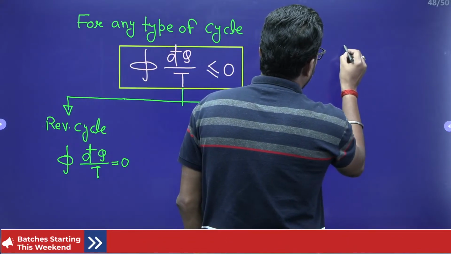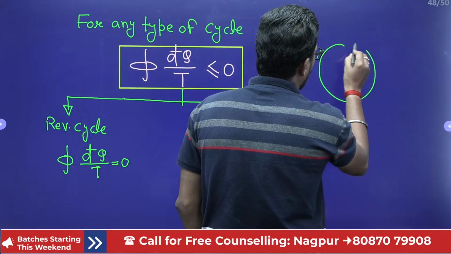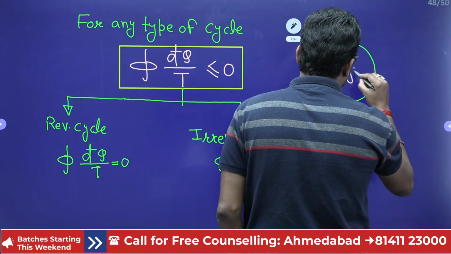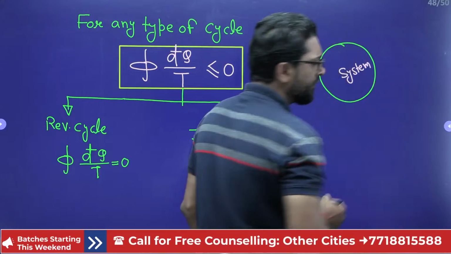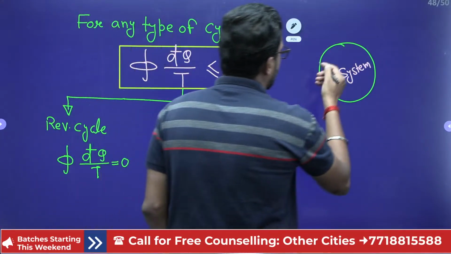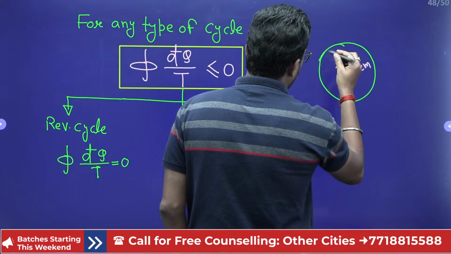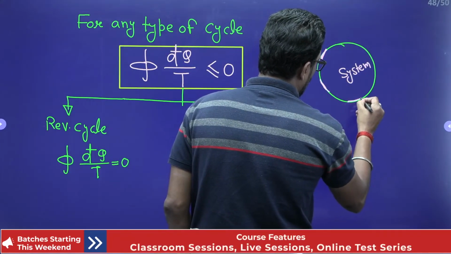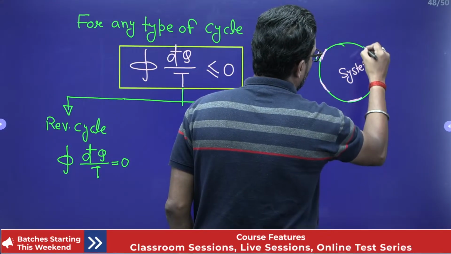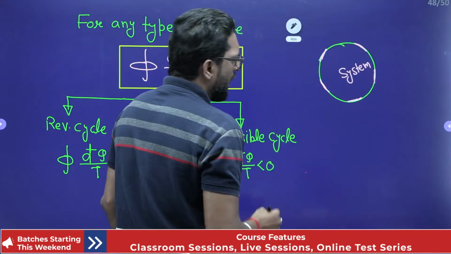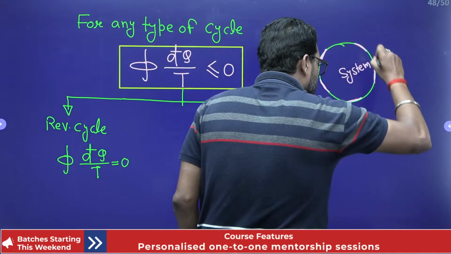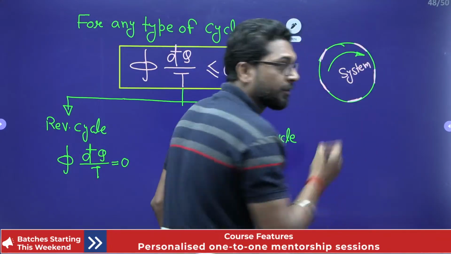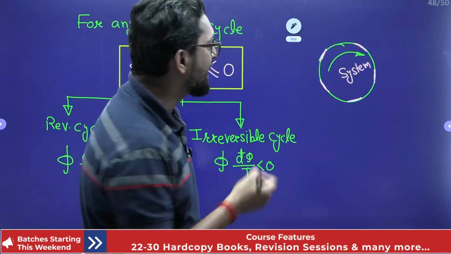See, let's suppose this is your system, and this is your boundary. This system is operating on a cycle, a cyclic process.